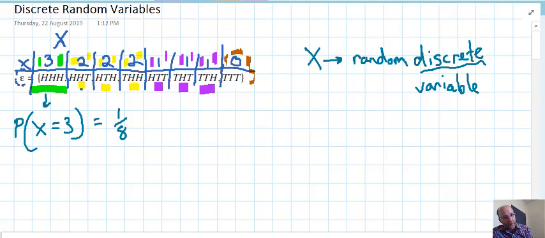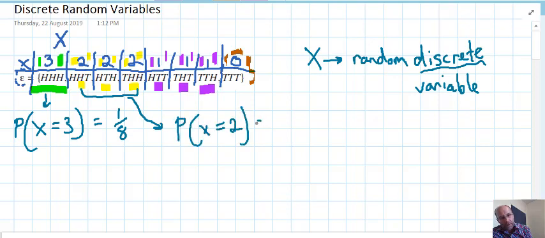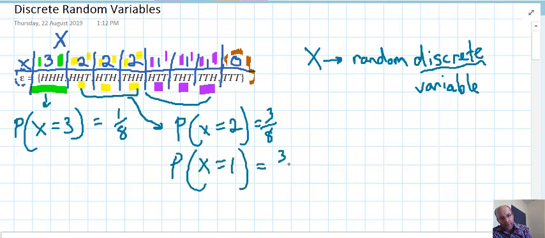So that one is 1/8. For 2, we've got 3 ways that can happen. So when the random discrete variable equals 2, we have 3/8, you can see there in purple. Same when it is 1, we've got 3/8 there. And for 0, it's 1/8.